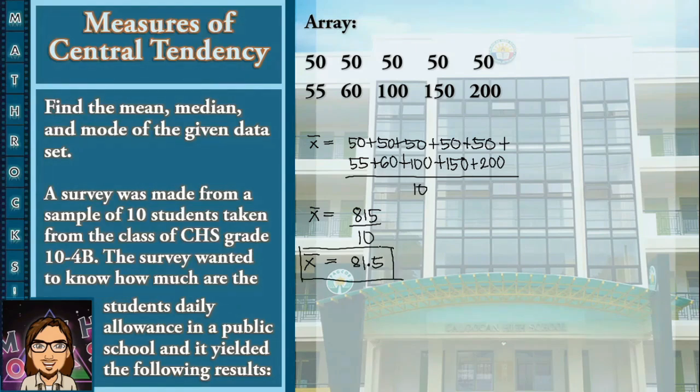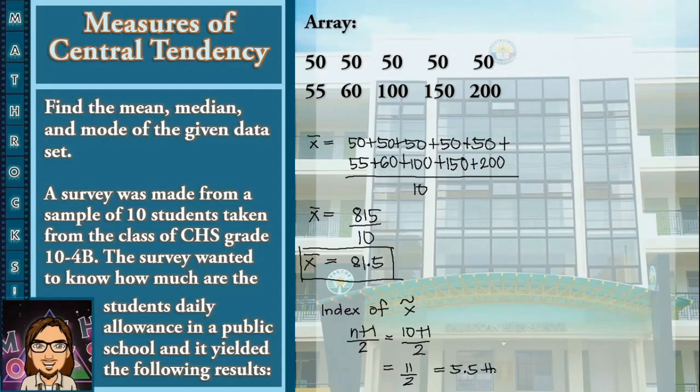And now let us have the median. So for our index of the median, again, we have the formula of n plus 1 over 2, which is equal to 10 plus 1 over 2. That gives us 5.5.